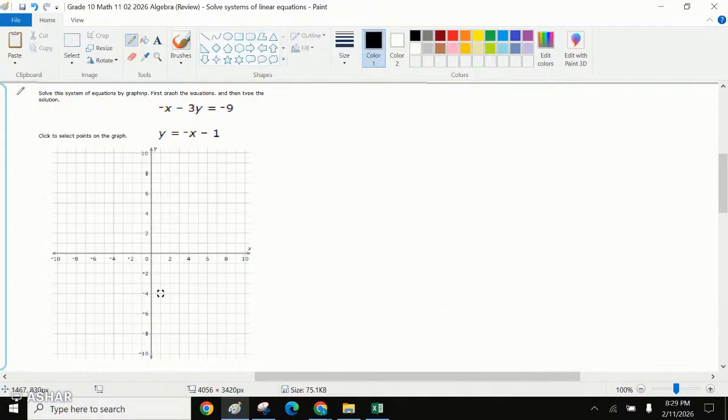What we need to do is draw these equations first. This was our equation number 1. This is our equation number 2. When we write equation number 1, that is minus x minus 3y is equal to minus 9. Can we take x to the other side?